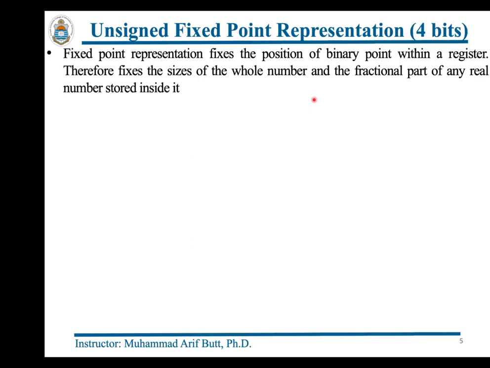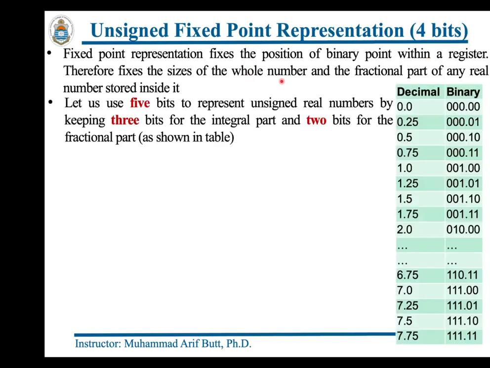Well, dear students, fixed point representation fixes the position of the binary point within a register. Therefore, it fixes the sizes of the whole number as well as the fractional part of any real number stored inside it.